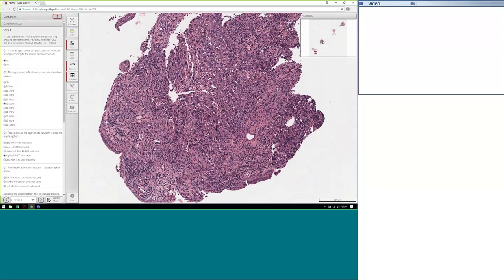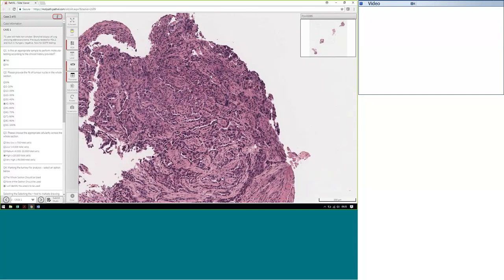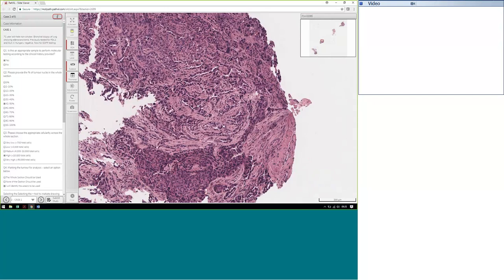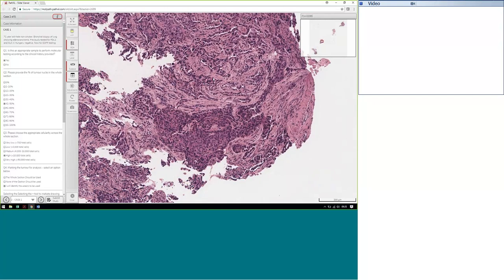But when we get to cellularity, I think it's important that we increase the cellularity by including all of the other two pieces as well, even though they may not have as rich a tumour content.